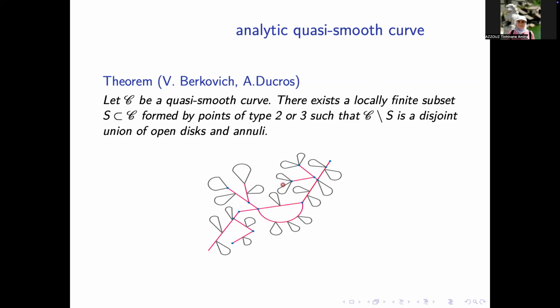If I take off all these points, I will find, for example, an analogous here, the same thing here, and here, for example, an open disk, here an analogous, and so on.